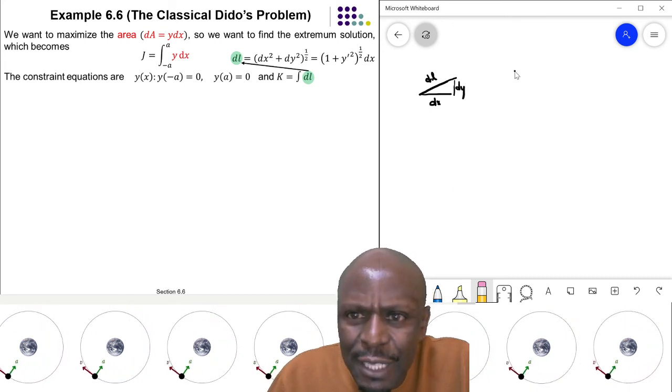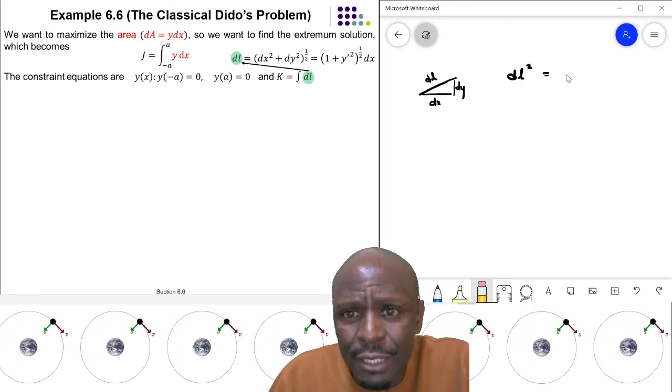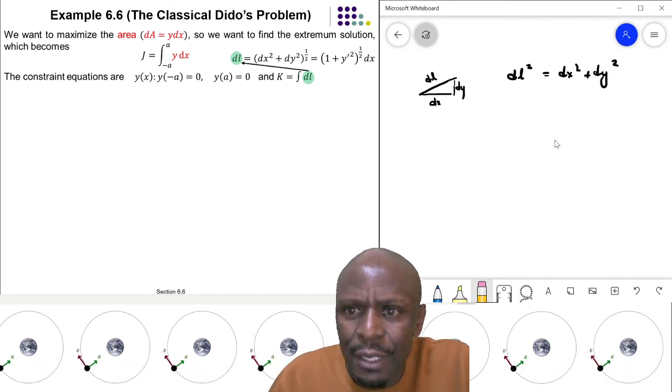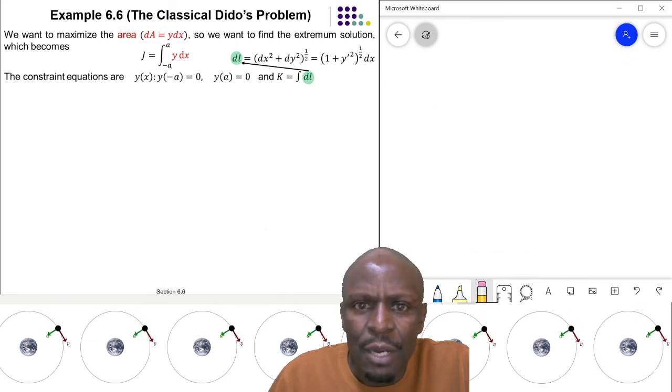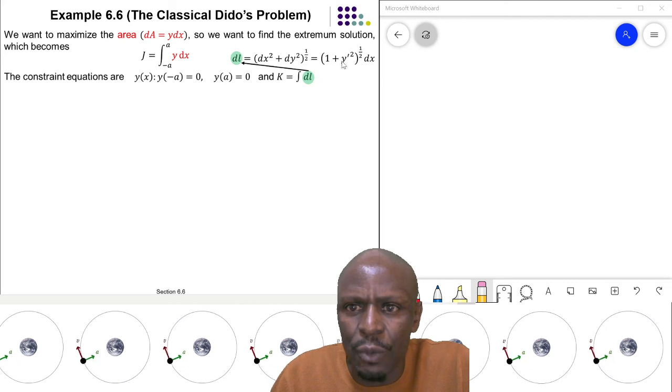Right, now if you use the theorem of Pythagoras, like we did before, dl squared is equal to dx squared plus dy squared. Now if you apply the same thing that we have used before, this is what you are going to find for your dl, which can also be simplified to this equation here.